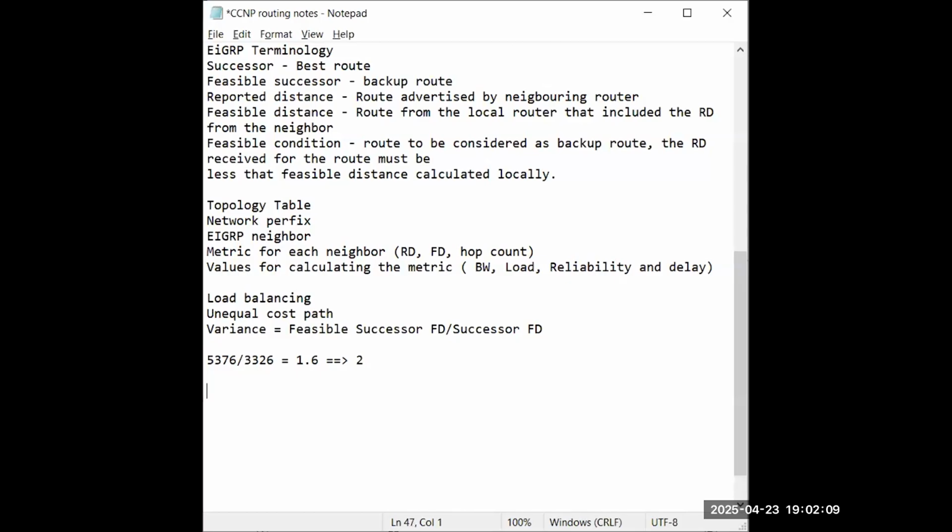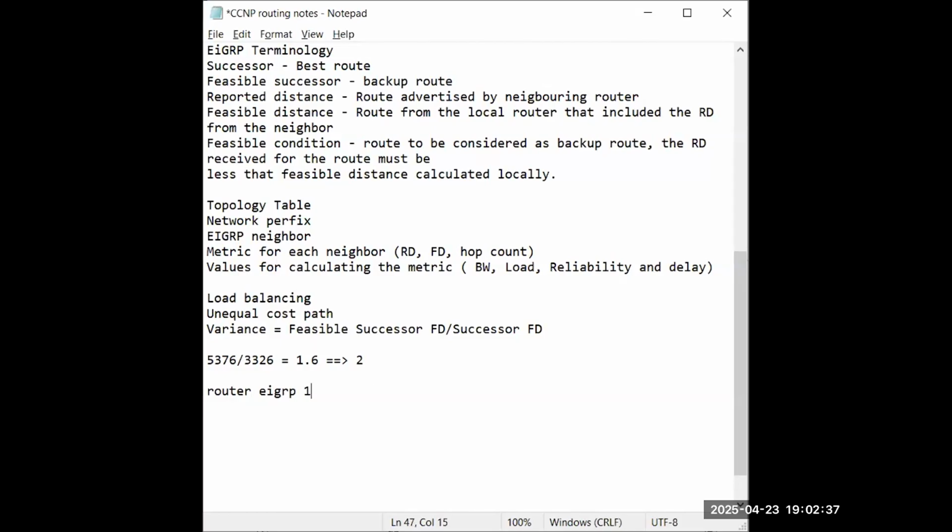In the router's configuration mode, we are configuring EIGRP, right? And EIGRP should have an autonomous system number, which can be any number in the range 1 to 65535.